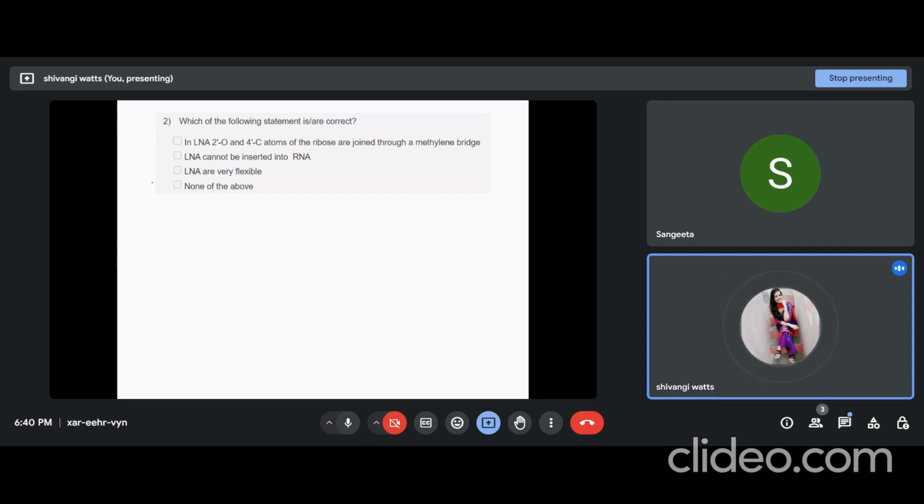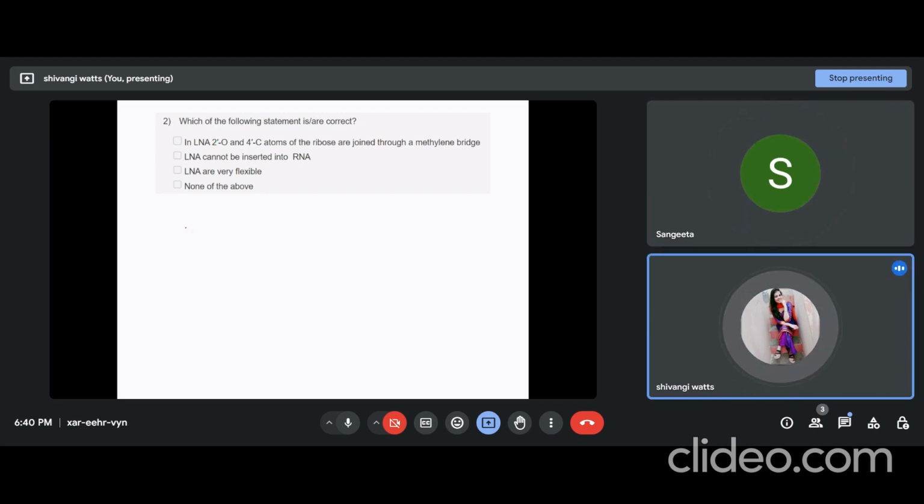The second option is: LNA cannot be inserted into RNA. The third option is: LNA are very flexible. And the fourth option is: none of the above.